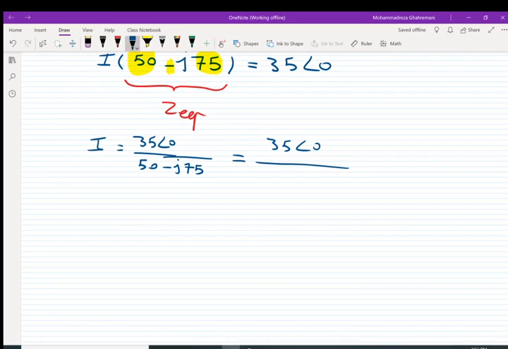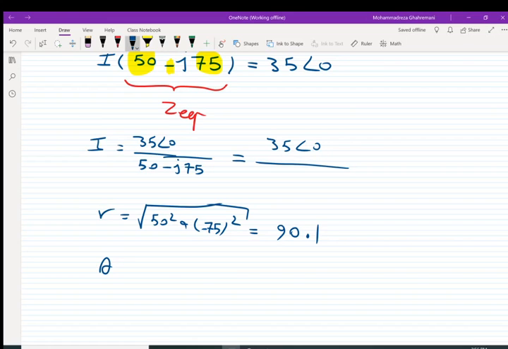R is equal to the square root of 50 squared plus negative 75 squared, which is equal to 90.1, and theta is equal to arctangent of B over A, which is equal to negative 56.3 degrees.